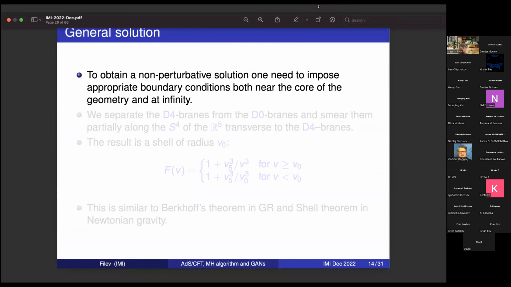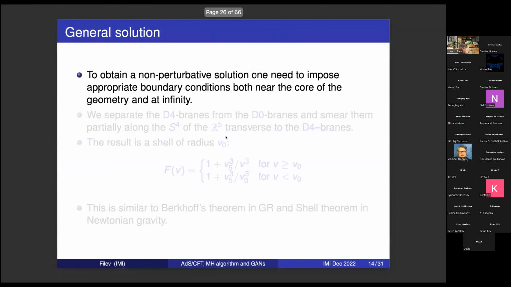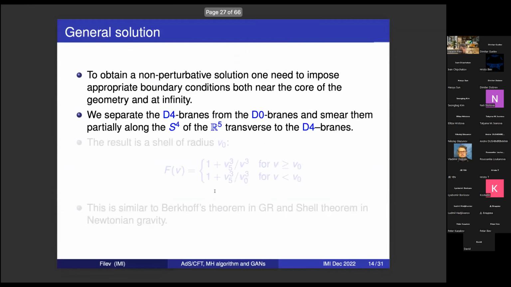Now, to obtain a non-perturbative solution, you need boundary conditions. And this we impose by using the fact that when we put the D-branes on a shell, inside the shell there is the analog of Birkhoff's theorem, which says that inside this spherical shell, the solution will be as if there are no D4 branes.